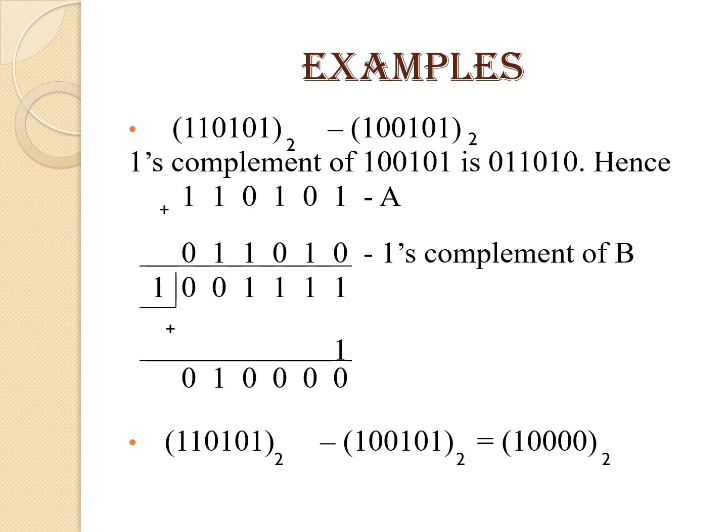Then do the addition of a and the b complement. We are getting a carry over here. Add the carry into the final answer and it will give us the final answer for 110101 minus 100101, that is equal to 10000.